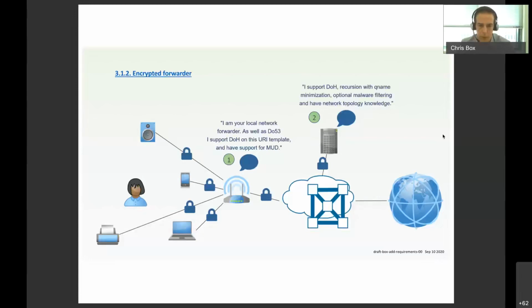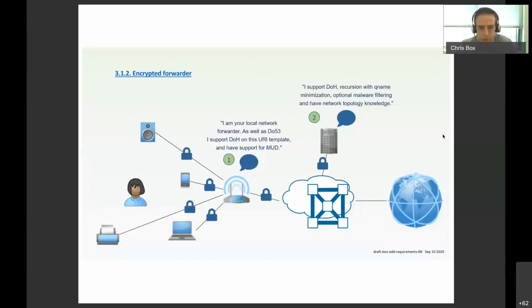So here, in this use case, given that the encrypted DNS support is here, we expect that the clients will use that, but they could also use an associated one in the network. Next slide, please.